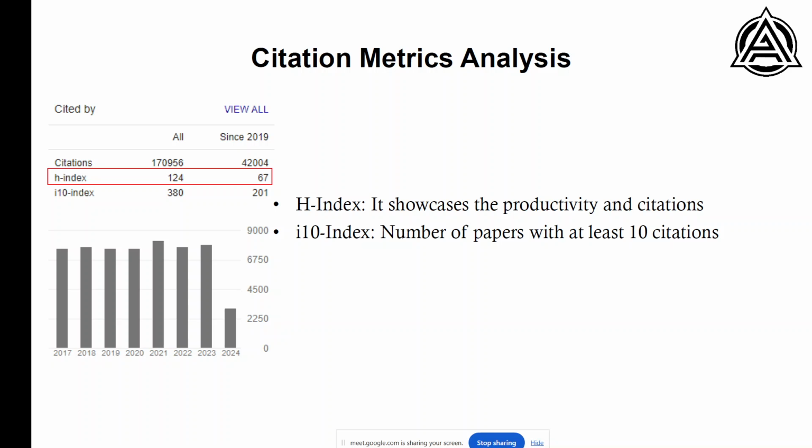From paper 1 to paper 7, 7 papers receive 8 citations each. Now your H index will be 8. Can you guys get my point? How I calculate? Yes, sir. Fine.